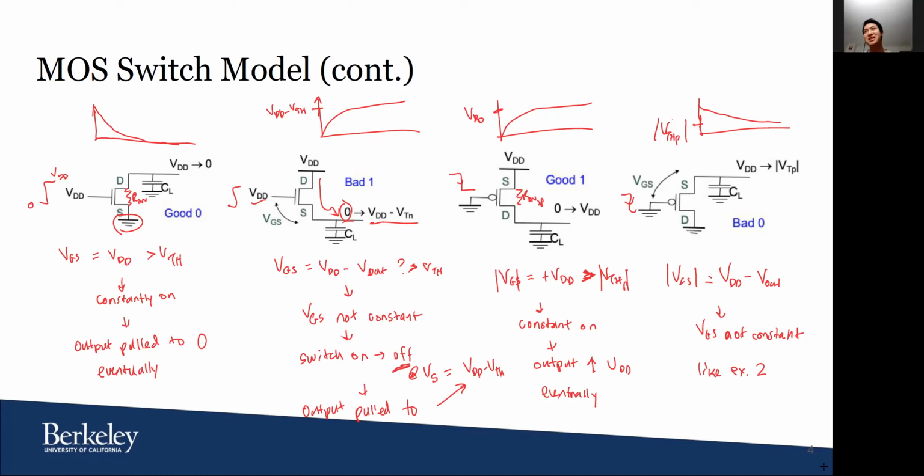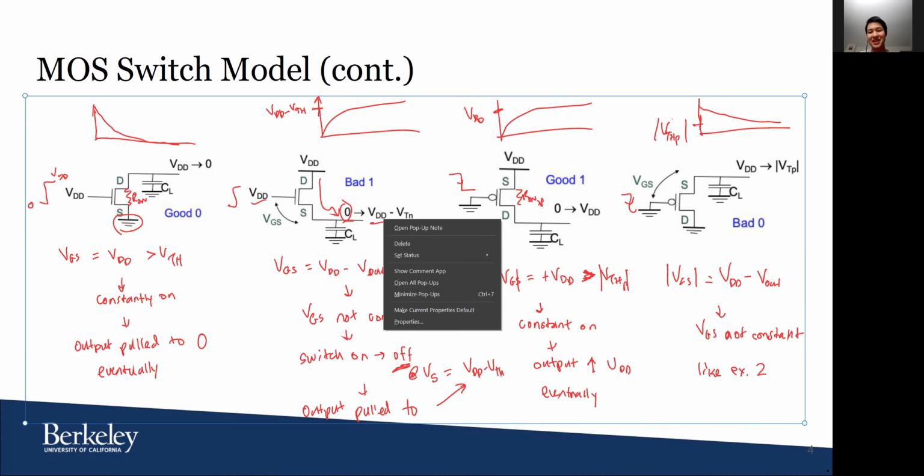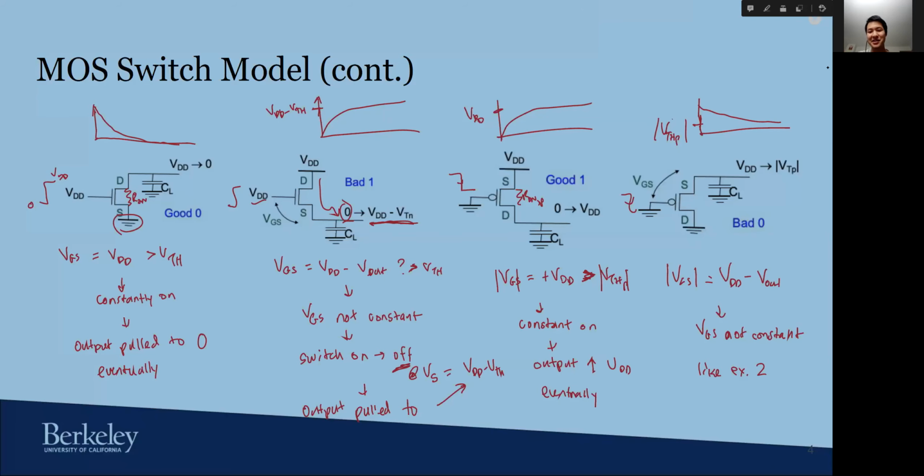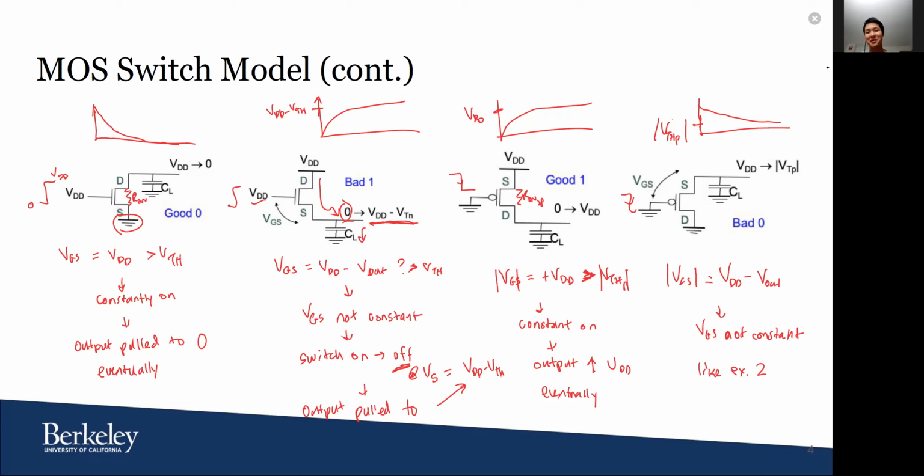I guess forever. It won't oscillate, because there's no way that the output voltage can come back down from this level. Unless you're talking about some leakage current going through the capacitor, then that would be a different story.